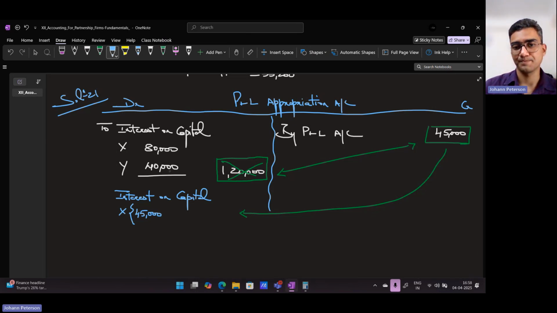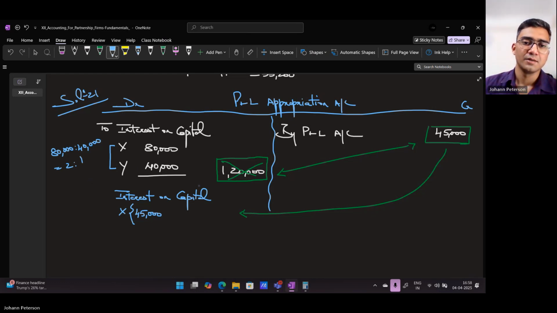Now, which is that ratio? Looking at this on the top, we know that we are giving him 80,000 and the other fellow 40,000. So this ratio is 80,000 is to 40,000, which is 2 is to 1.